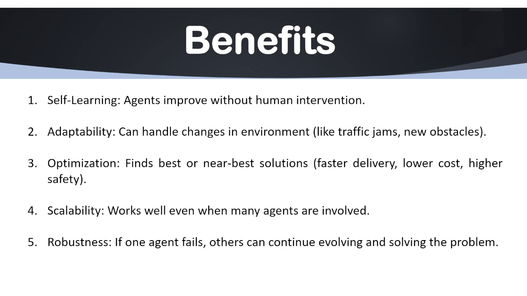Now, let's talk about its benefits. The first benefit is self learning. As you can see here, agents improve without human intervention. It has a self learning property that helps the agents to learn from their past experiences, by using their algorithmic genes.